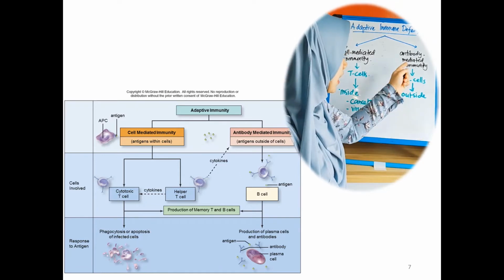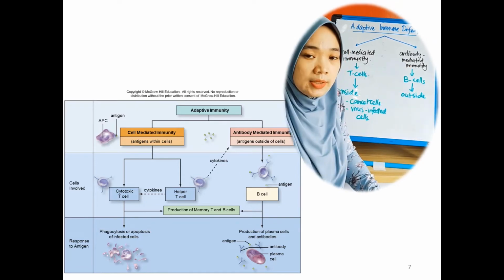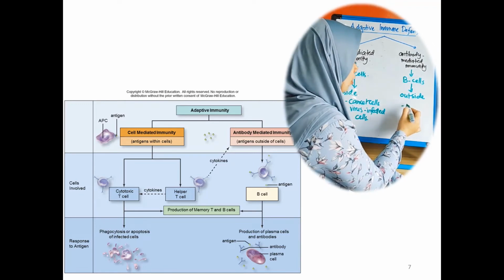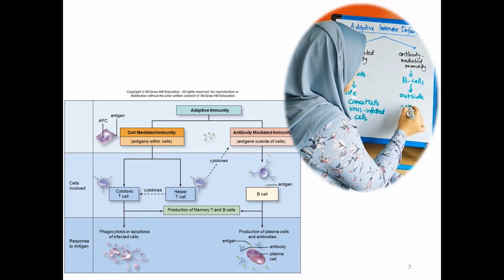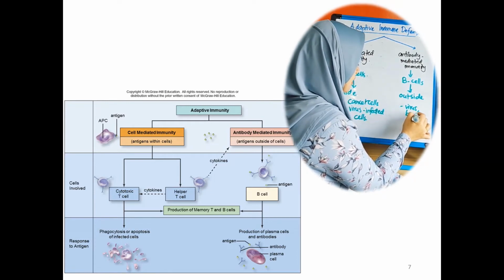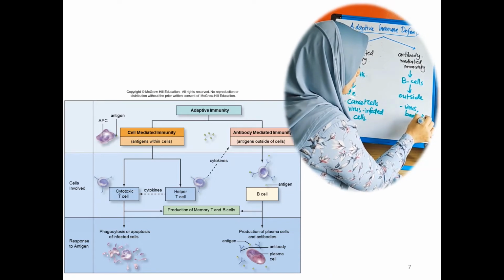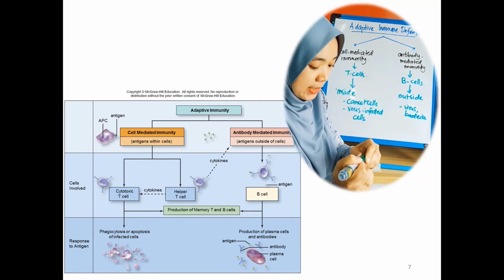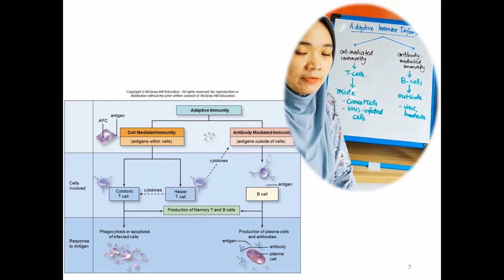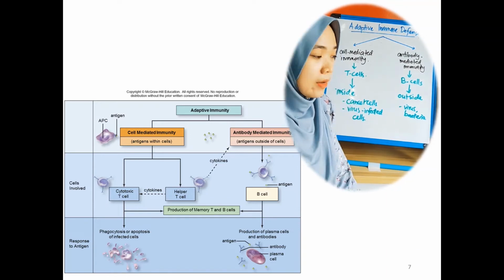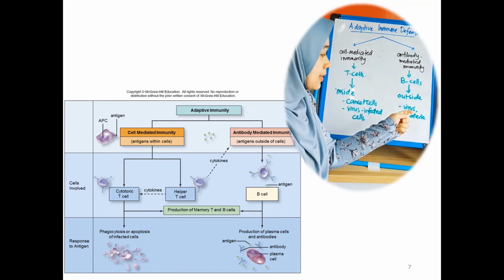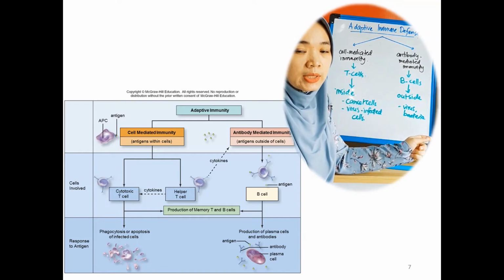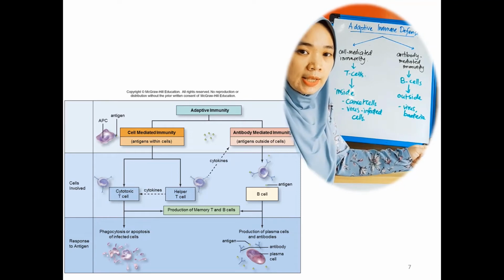For antibody-mediated immunity, they will target pathogens from outside, meaning all the viruses or bacteria come from outside. And the most important thing is that for this adaptive immune defense to be activated, they must recognize this pathogen before they can take action.